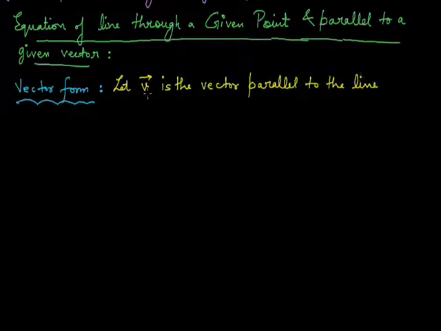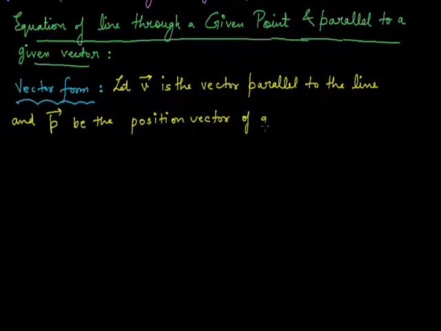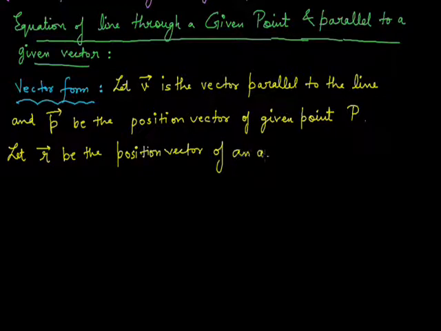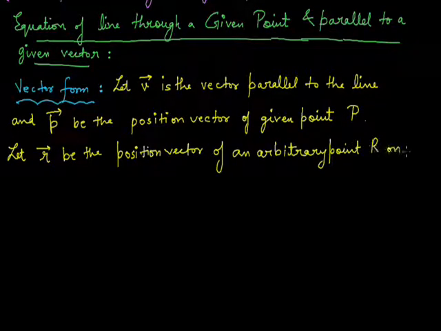So the line is parallel to the vector V, and small p vector be the position vector of given point P. So the line passes through the point P whose position vector is P vector, and the line is parallel to vector V. Now let vector R be the position vector of an arbitrary point R on the line.